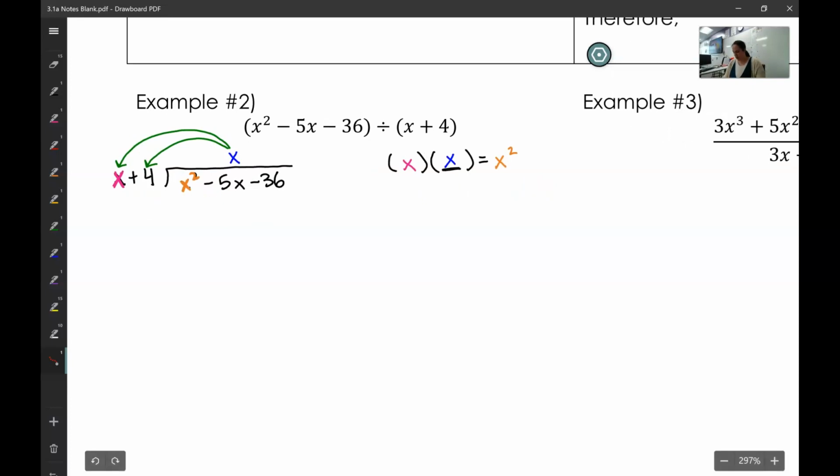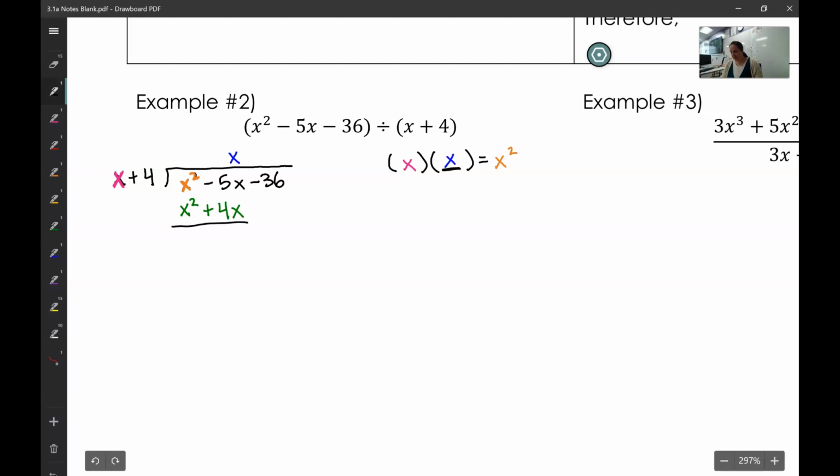So we're going to distribute this x into everything in front. I don't ignore the 4 anymore. I'm going to look at both of them. So I'm distributing it into everything. So x times x is x squared. x times 4 is a positive 4x. So there's my next step.